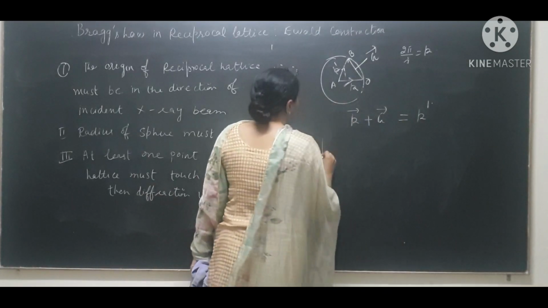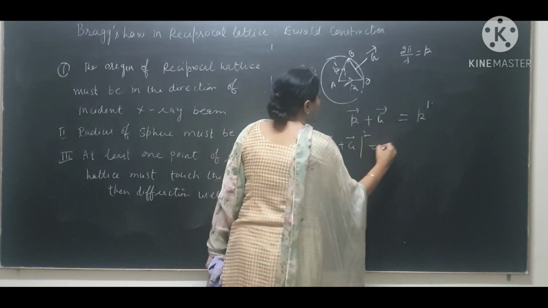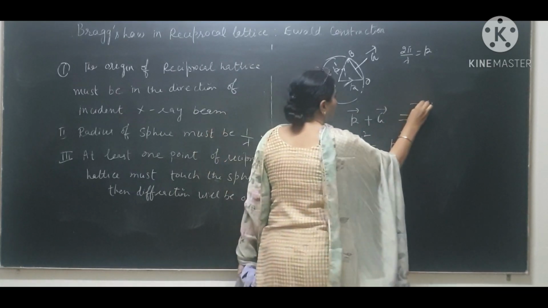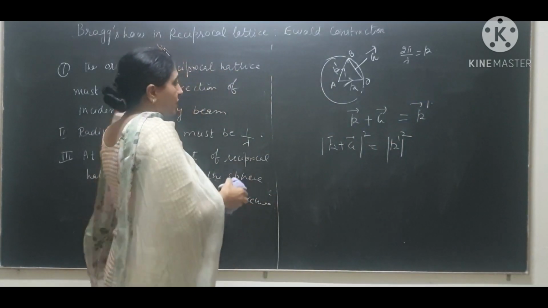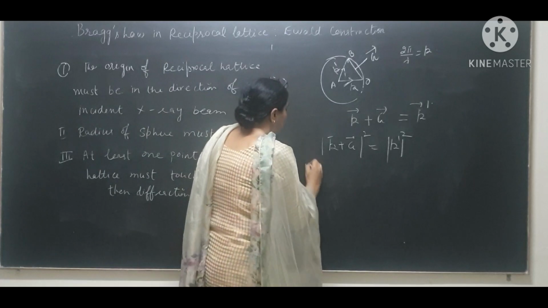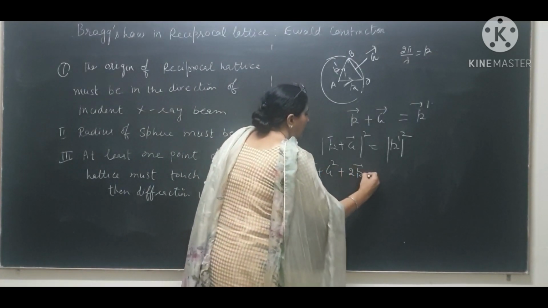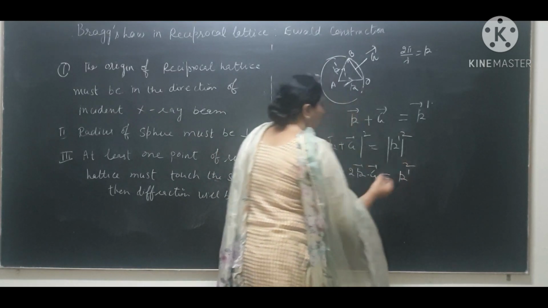We can also write (K + G)² = K dash square. Or you can write K² + G² + 2K·G = K'².